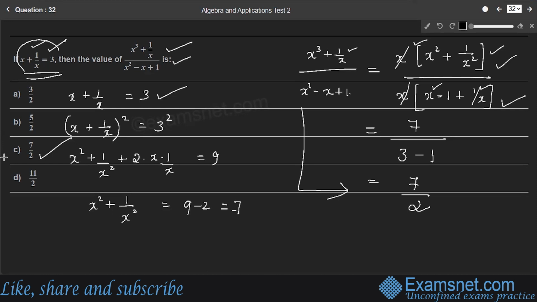So LHS becomes x square plus 1 by x square plus 2 is 9. Therefore, x square plus 1 by x square is 7. Substitute the value here. So numerator is 7, denominator becomes 3 minus 1. Therefore, we have 7 by 2 as the answer. Option C is the right answer.